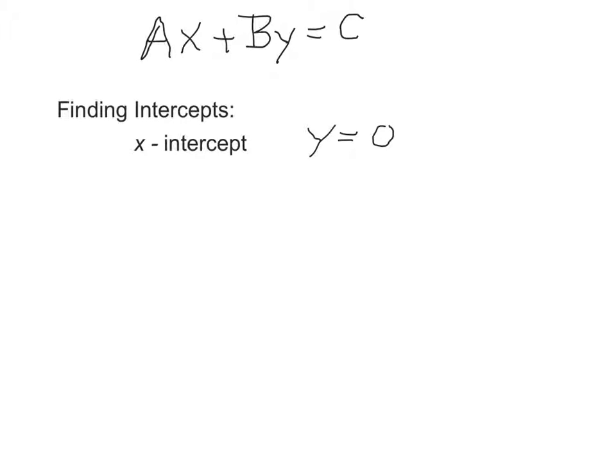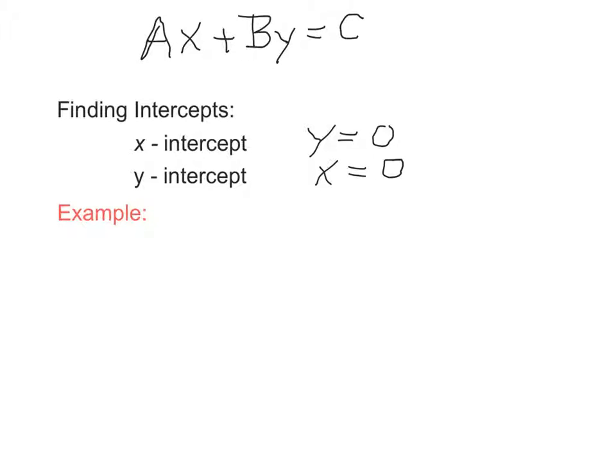That gives you the x-intercept, where the equation crosses the x-axis. Similarly, the y-intercept is where the equation crosses the y-axis, or where x is equal to 0. So the x-intercept is where y is equal to 0, and the y-intercept is where x is equal to 0.